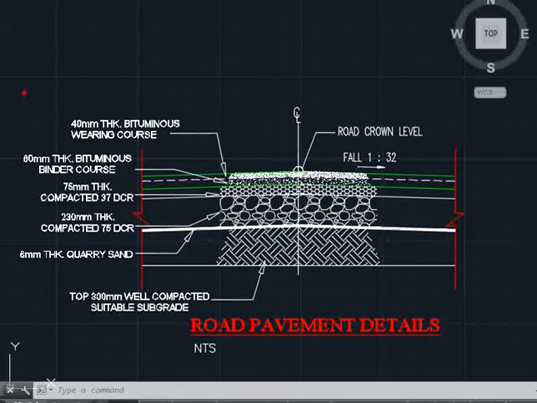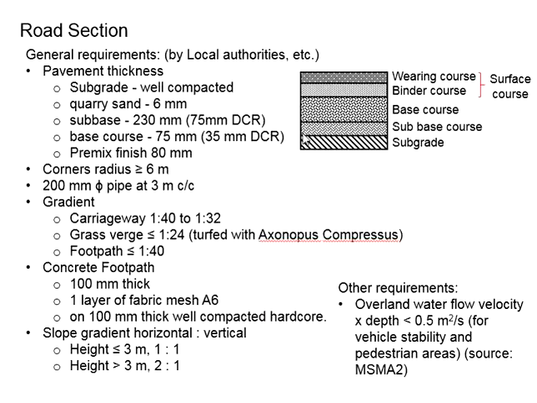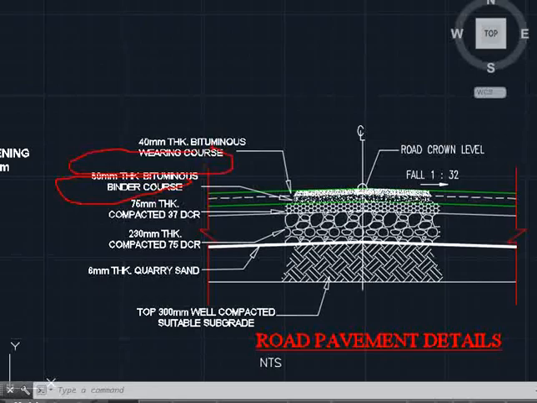For example, the road pavement details as shown here. The subgrade is the lowest layer of the pavement, which should be well compacted, and then a quarry sand layer of at least 6 mm thick, followed by 230 mm subbase course of 75 mm down crusher run, and then base course 75 mm of 35 mm down crusher run, and then the binder course and wearing course.